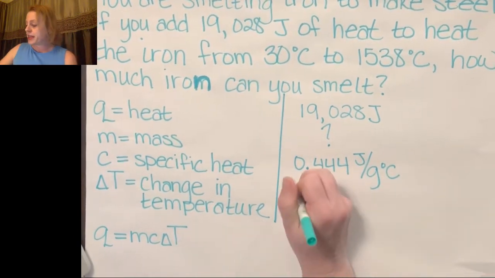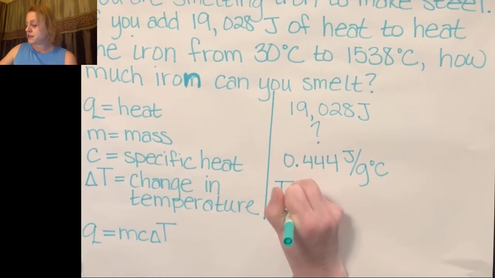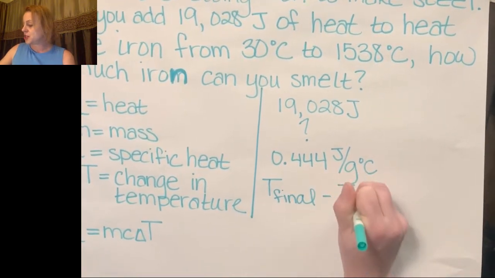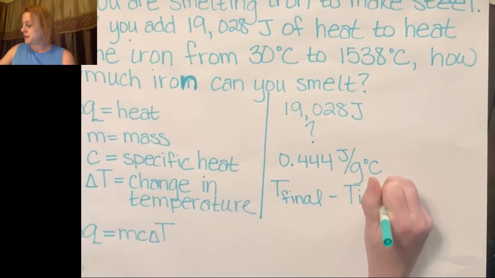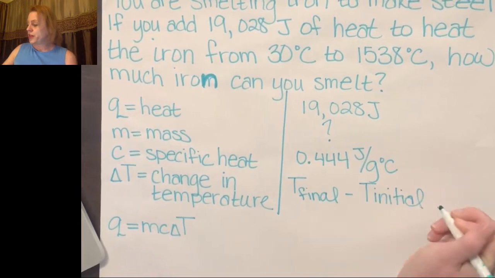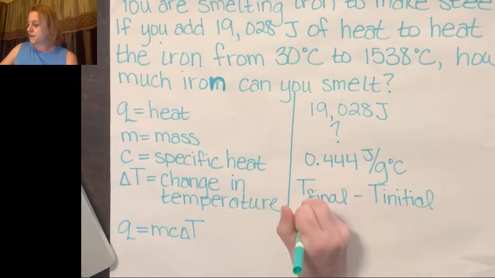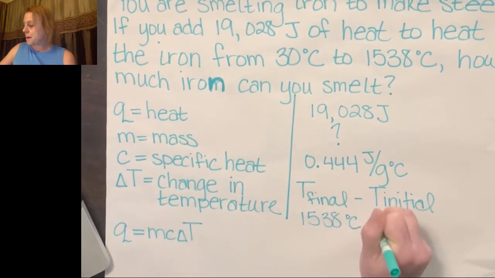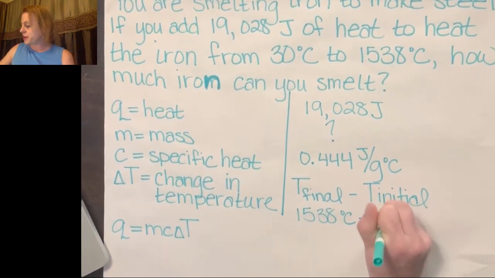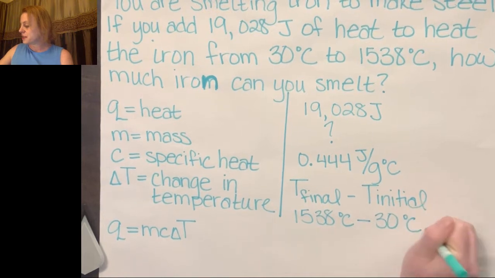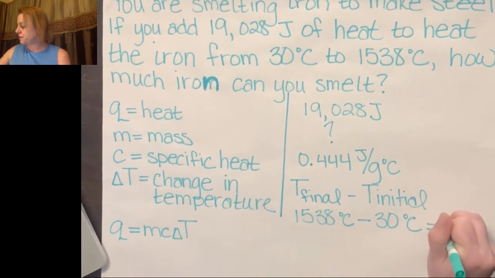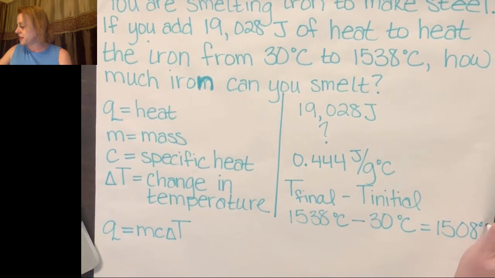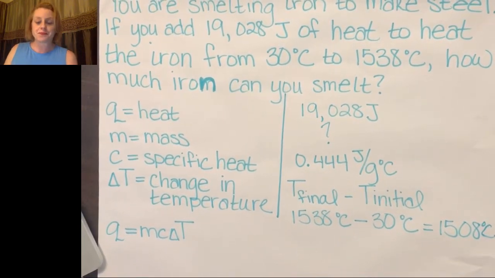I have my T final minus T initial, which is 1,538 degrees Celsius minus 30 degrees Celsius, which is going to give me 1,508 degrees Celsius for my delta T.